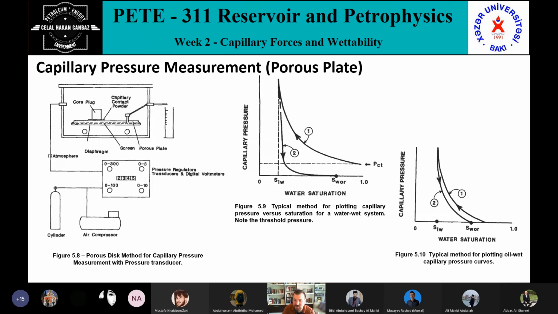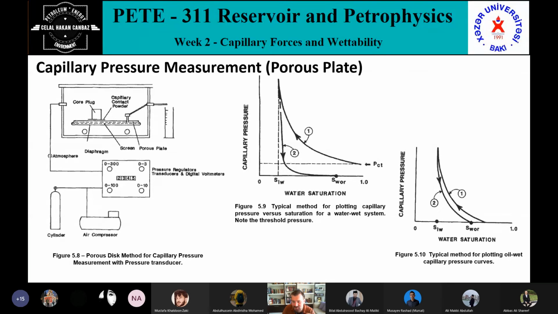With each increase of pressure, the amount of water displaced is monitored until it reaches static equilibrium. When it reaches static equilibrium, you say, okay, the capillary pressure value is this one.